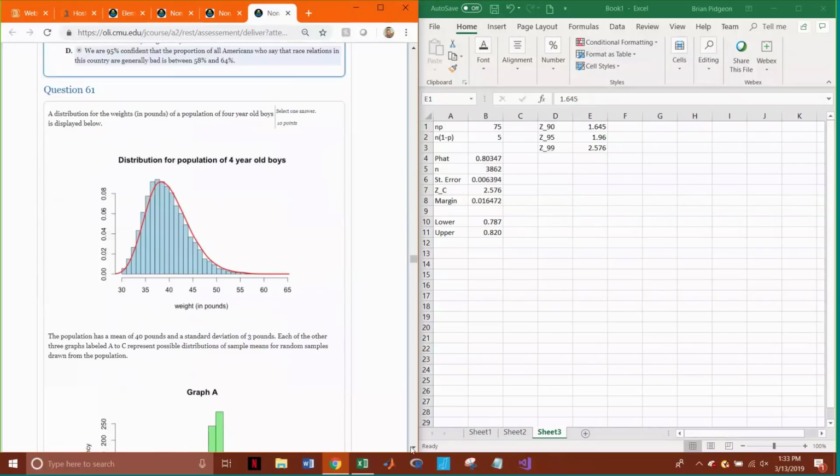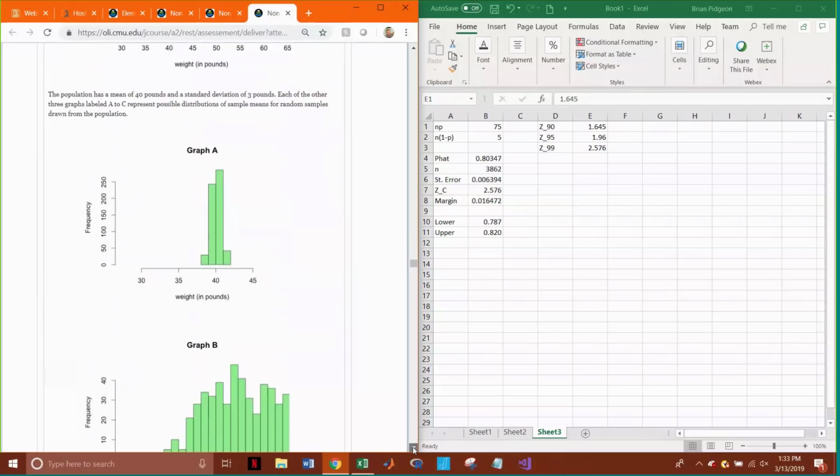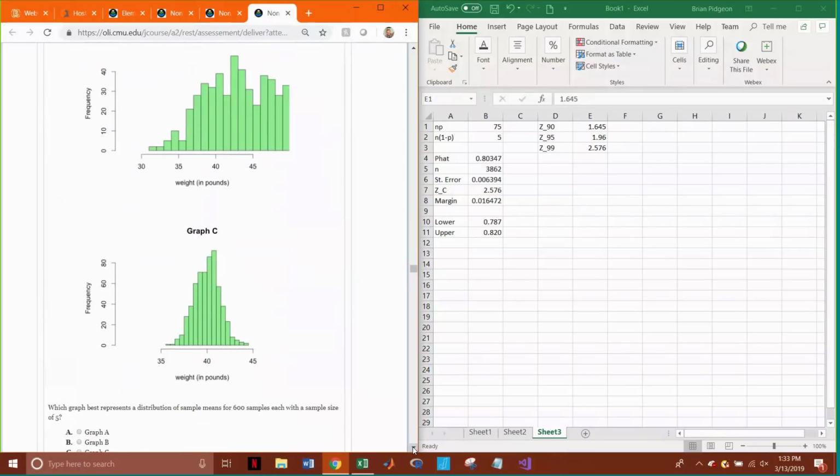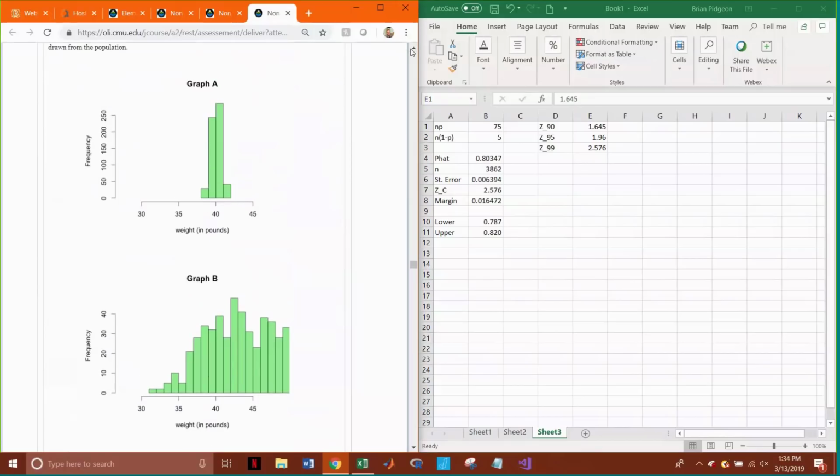Question 61. A distribution for the weight in pounds of a population of 4-year-old boys is displayed below. And we want to know which graph best represents a distribution of sample means for 600 samples each with a sample size of 5. Well, a sample size of 5 is kind of small, so our sampling distribution would not be this clustered around the mean.